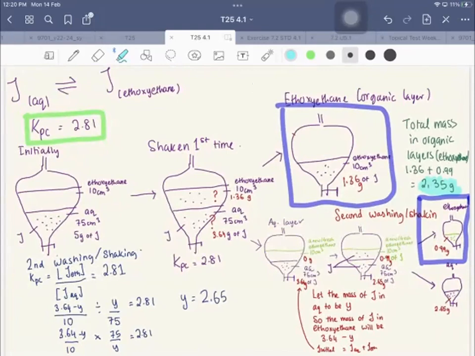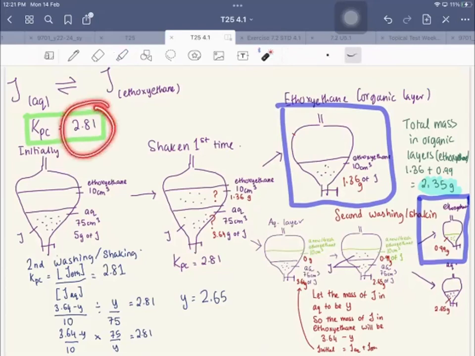What this process is telling you is that no matter how many times you mix your solute J with a new fresh sample of solvent, you will still have distribution. The solute J will be distributed into the two layers in the ratio of 2.81.